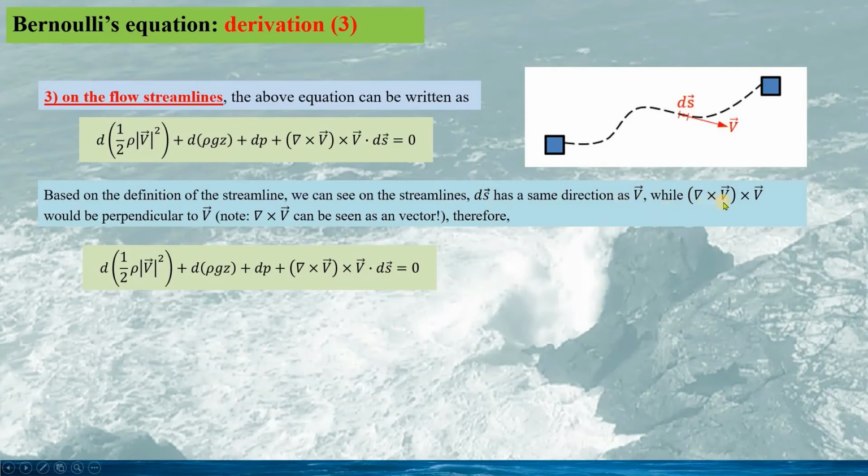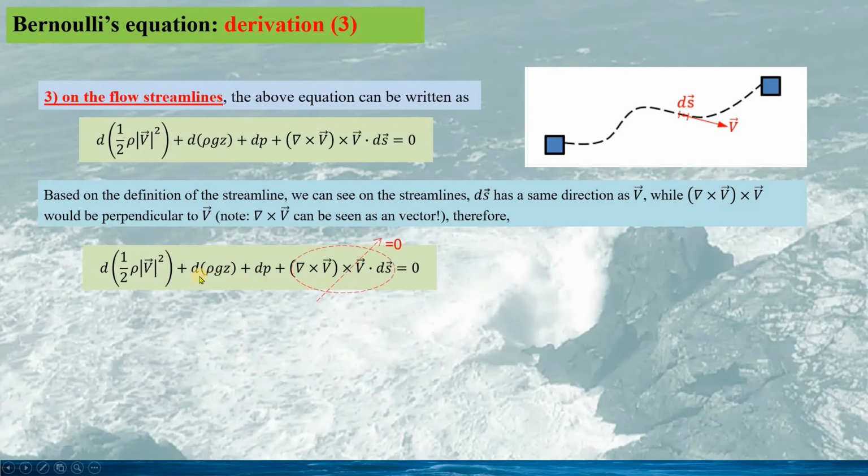Therefore, the curl of the velocity vector, crossed with the velocity vector, would be perpendicular to the velocity vector v.